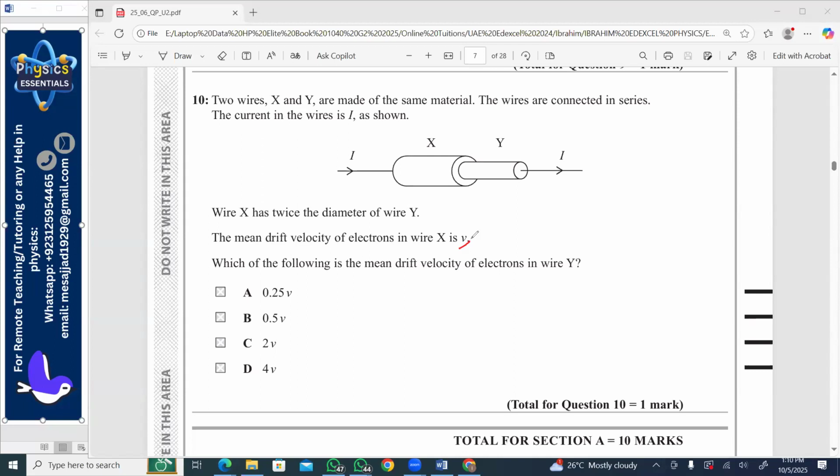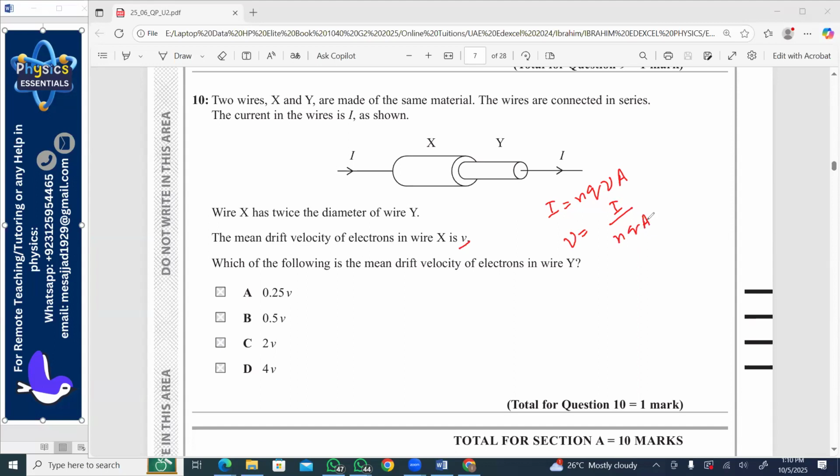So I'm going to write the two equations for X and Y. The equation for the drift speed is I = nqvA. And I need to find out the drift velocity. So first of all, I need to make velocity the subject and shift all quantities to the other side.